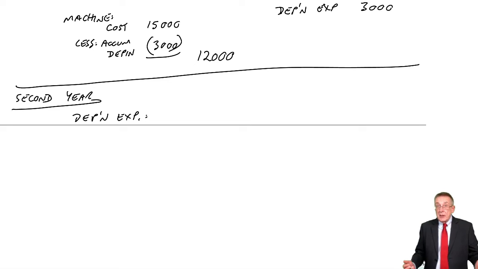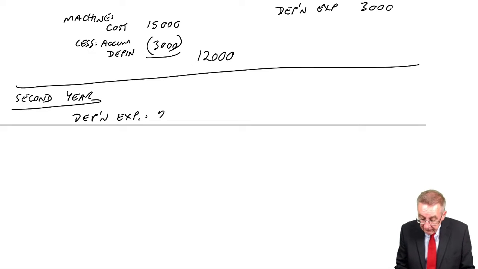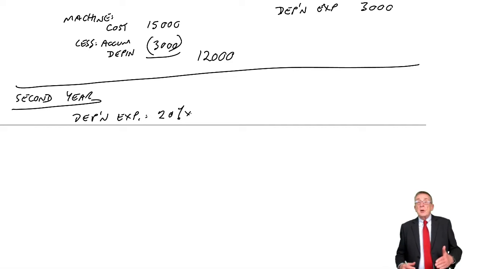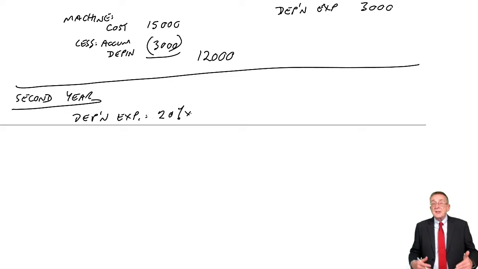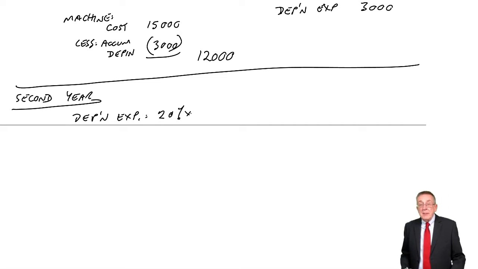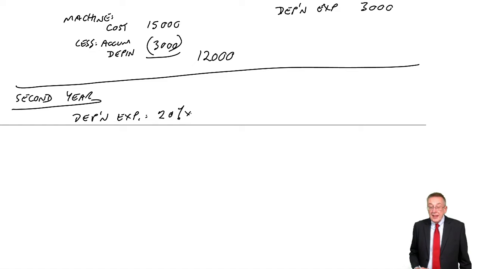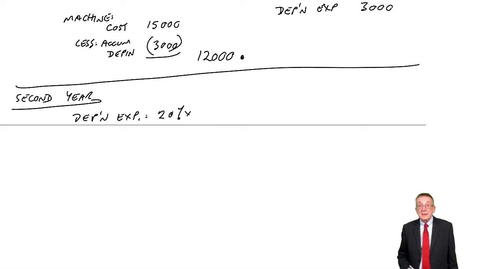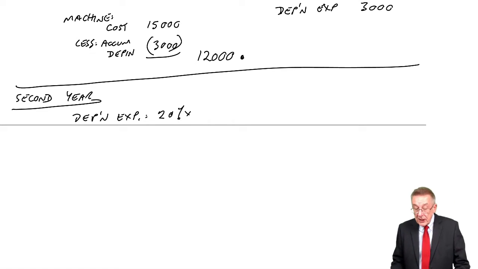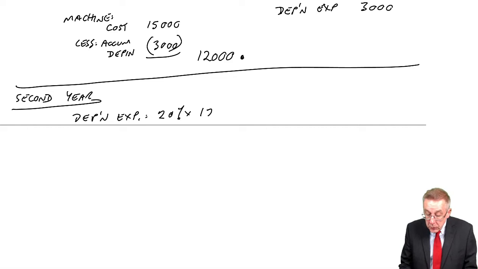Here it tells us it's 20%, but we take 20% of whatever the value now is of the machine. At the end of the first year, we reduced its value to 12,000. And so on this approach, in the second year, we'll take 20% of 12,000, which is 2,400.